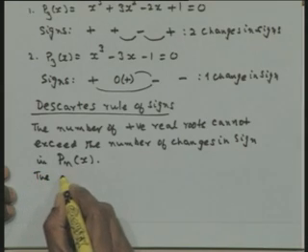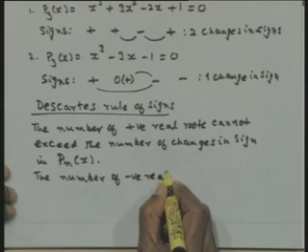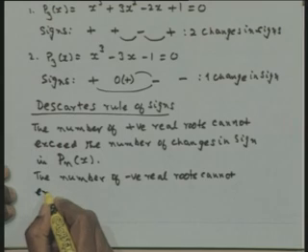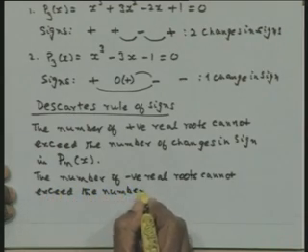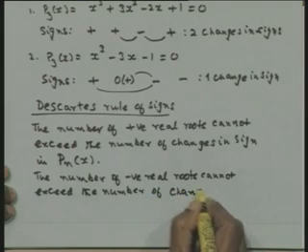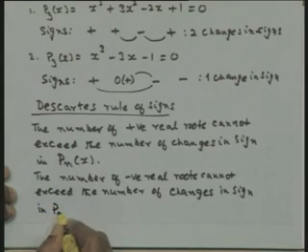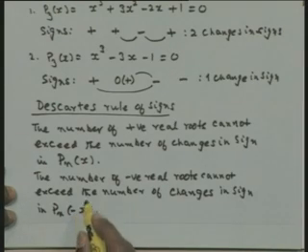So the number of negative real roots cannot exceed the number of changes in sign in Pn of minus x. In other words, this rule gives us an upper bound for the number of real roots.